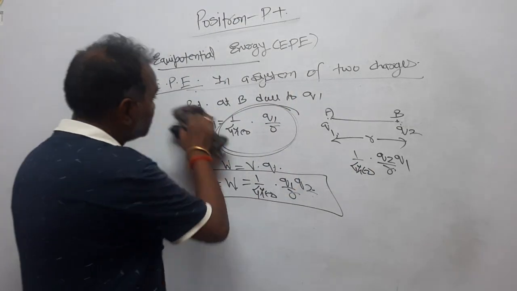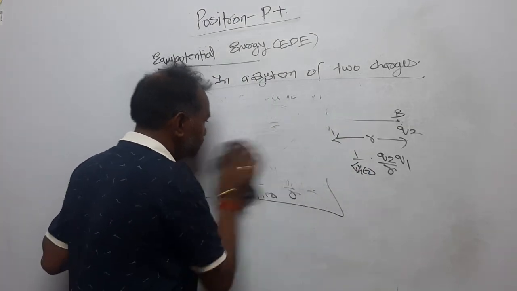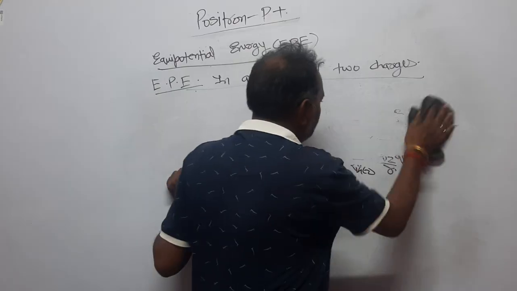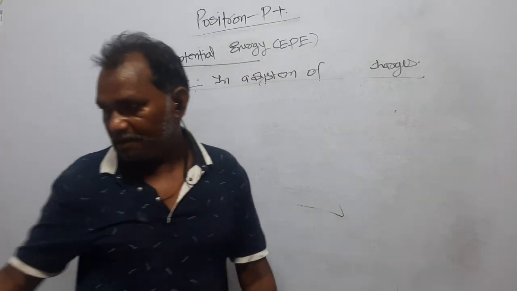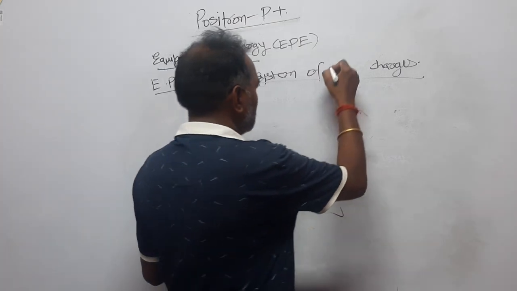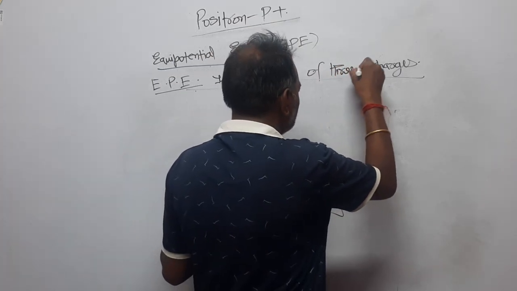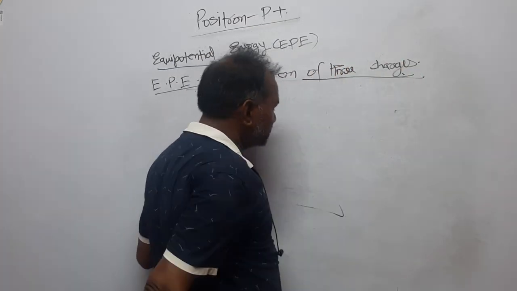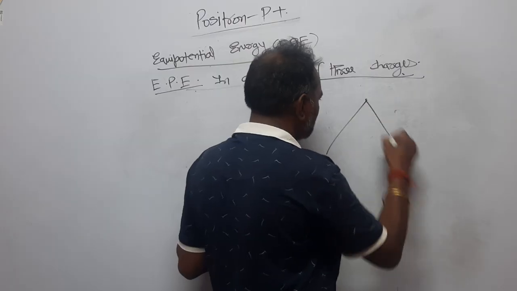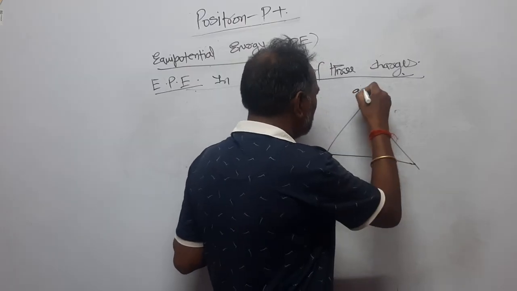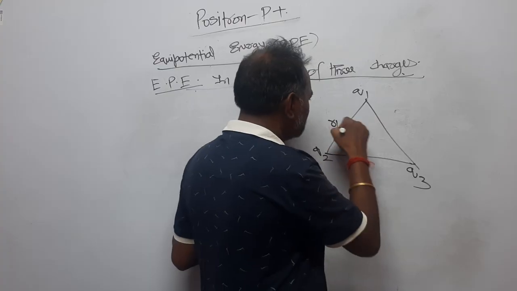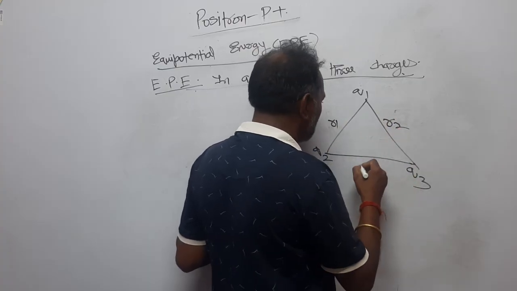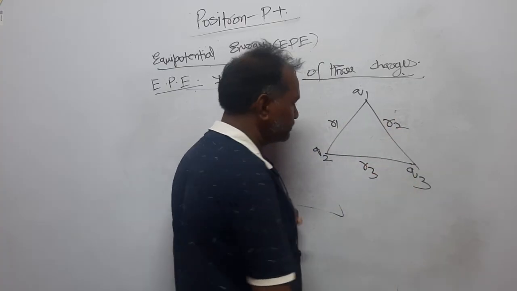Now let's move further. What would be the EPE, electric potential energy, of a system of three charges? Dear student, let the three charges be Q1, Q2, Q3, and they are R1, R2, R3 distance apart.